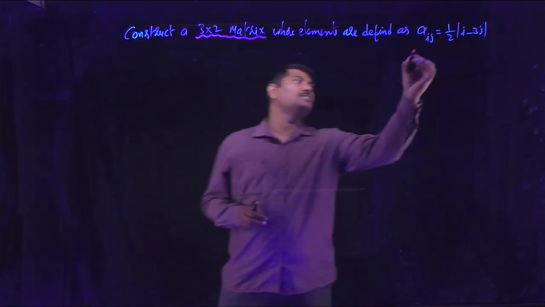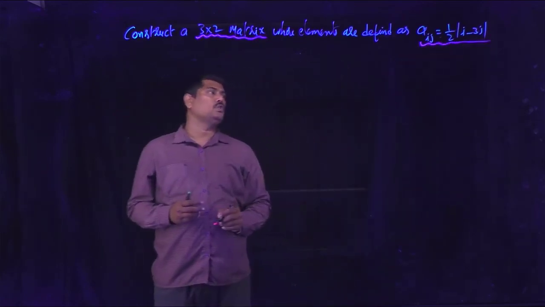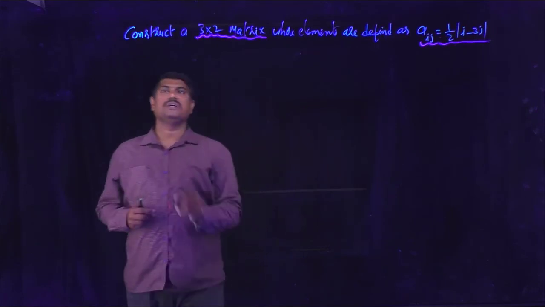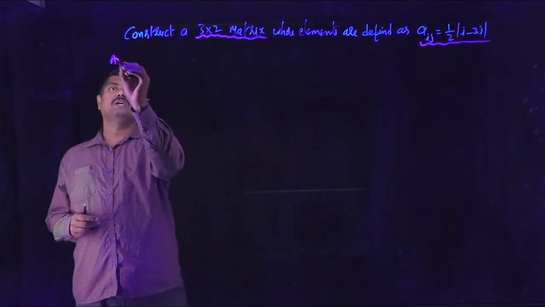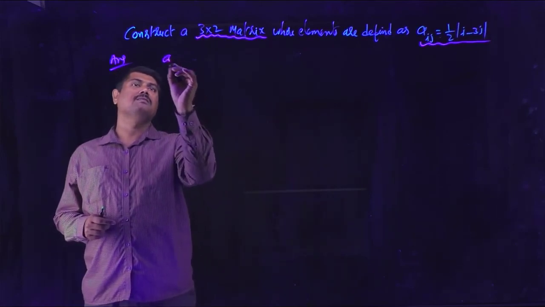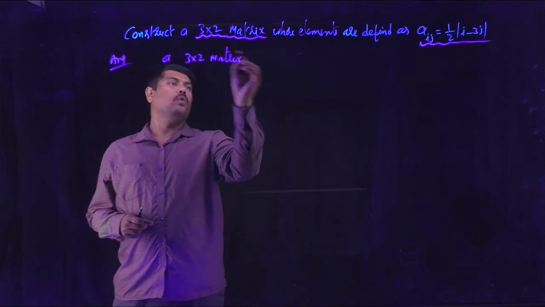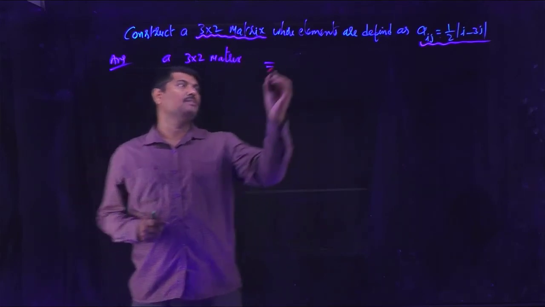The elements are defined like this: Aij is equal to 1 by 2 mod of i minus 3j. Now observe the answer from here. What is a general 3 by 2 matrix?